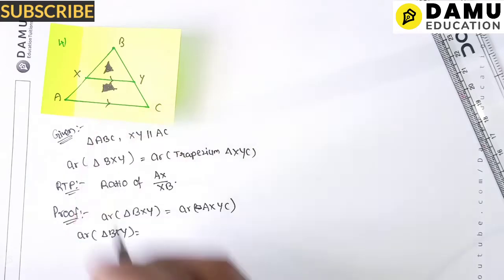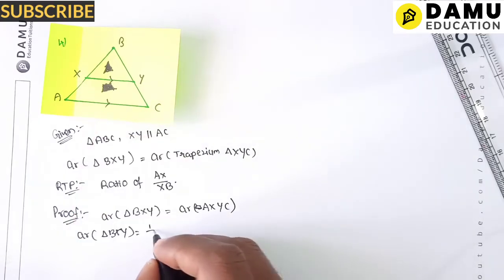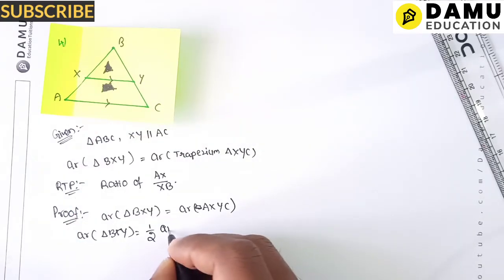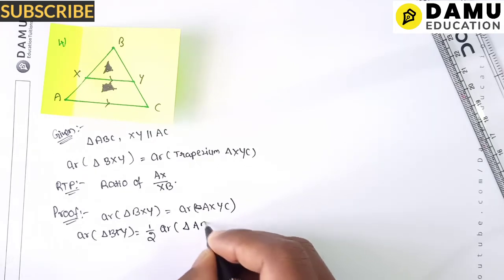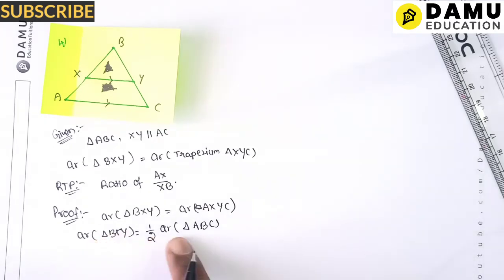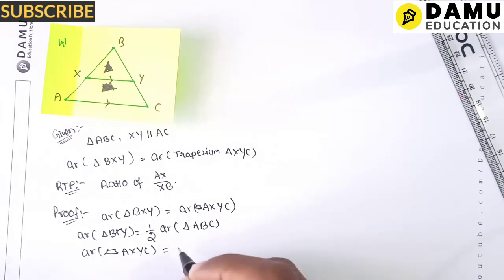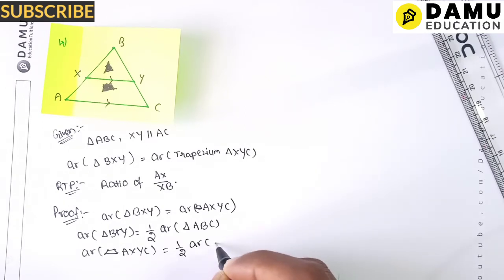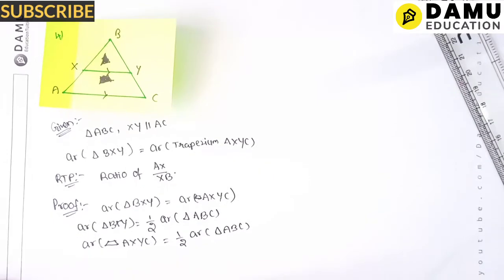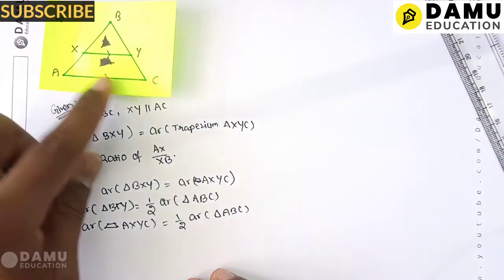If these two are equal, then each is half of the area of triangle ABC. So the area of triangle BXY is half of the area of triangle ABC, and the area of trapezium AXYC is also half of the area of triangle ABC.